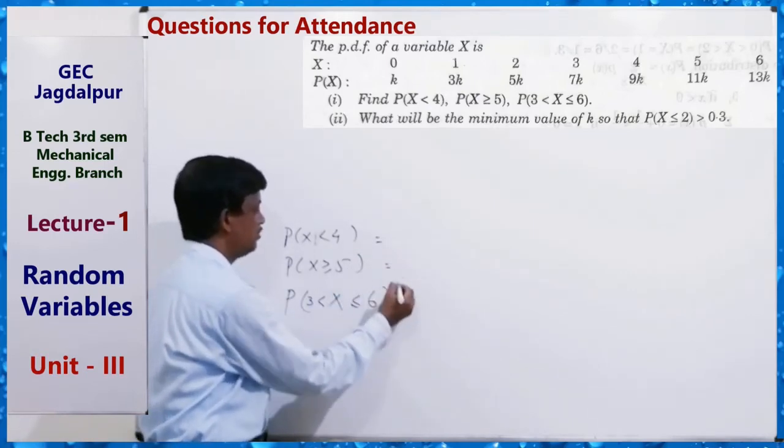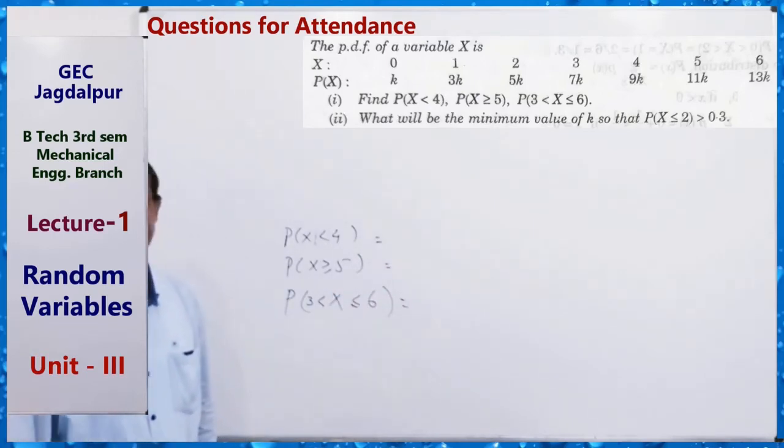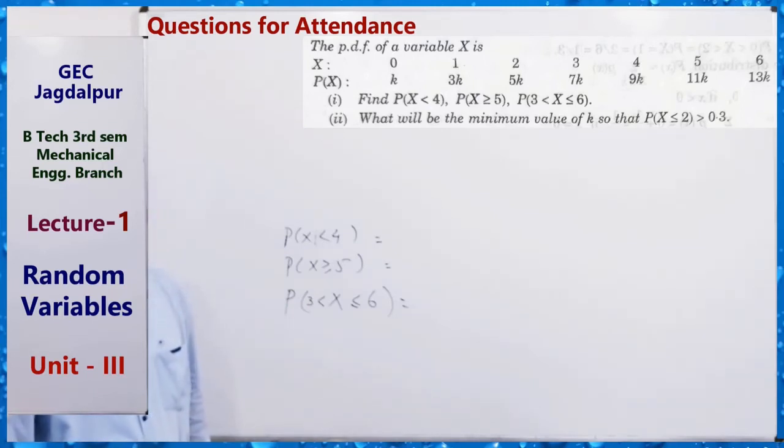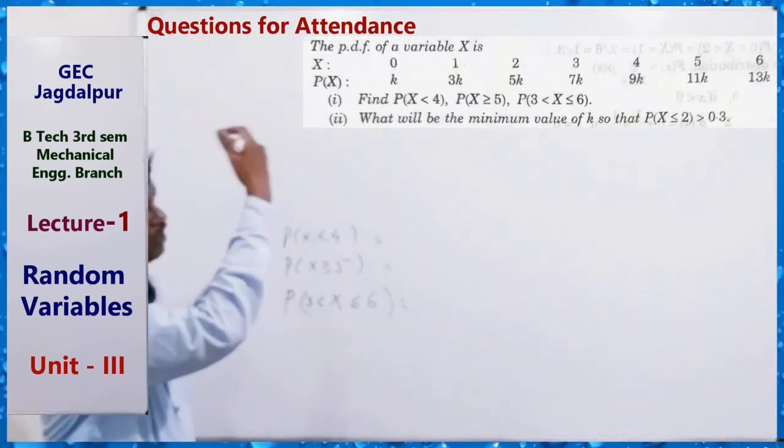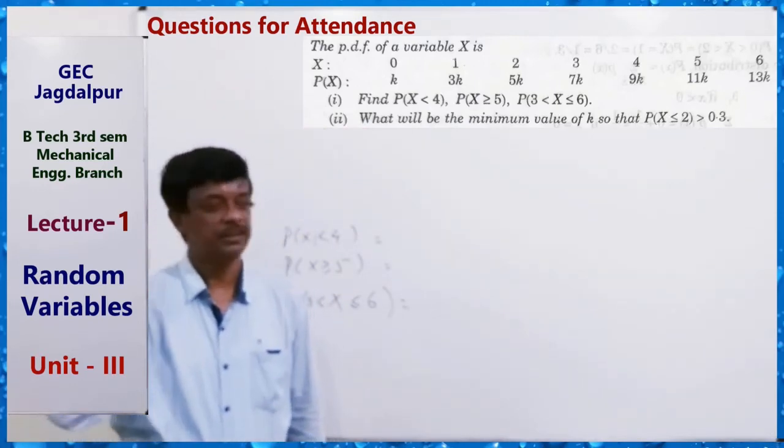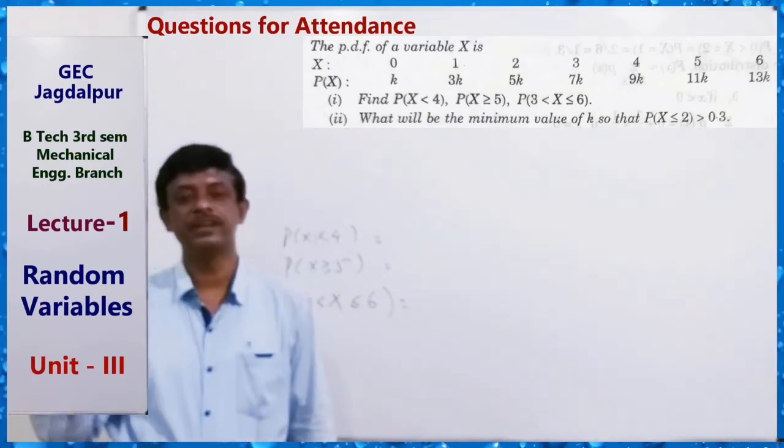We have to find the value of this. Very simple, just as the first question. Here probabilities are given. Here all the values of random variable are given. Corresponding probabilities are given in terms of k.